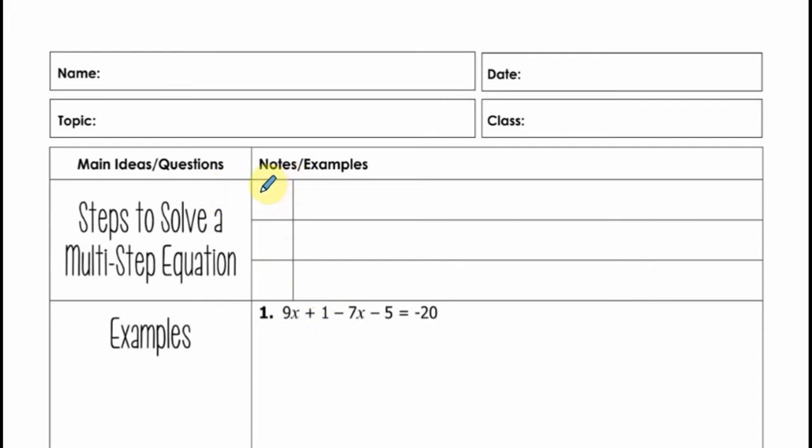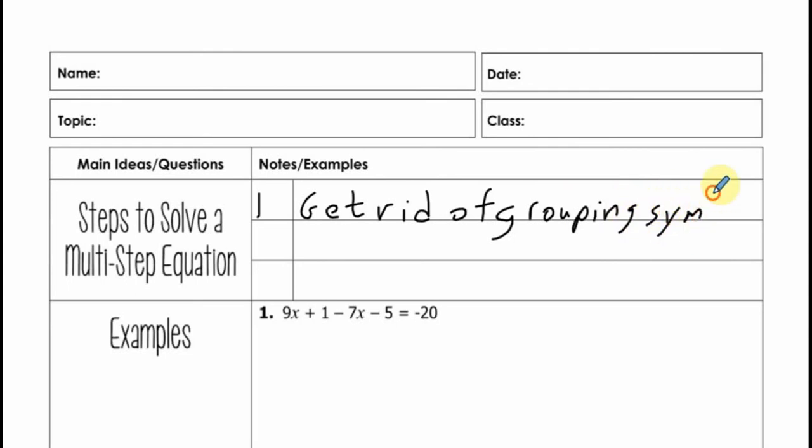So, step one, get rid of grouping symbols. Most of the time that's going to be parentheses, but sometimes it's going to be fraction bars.